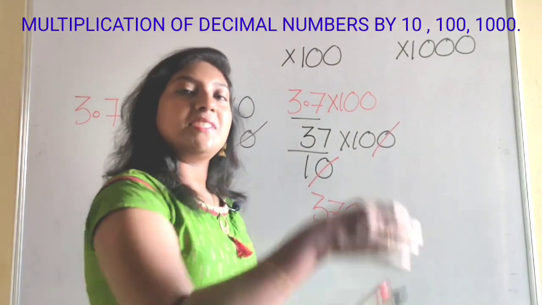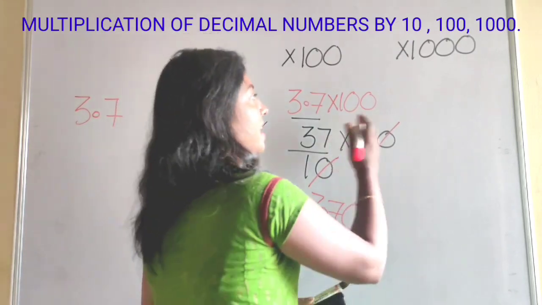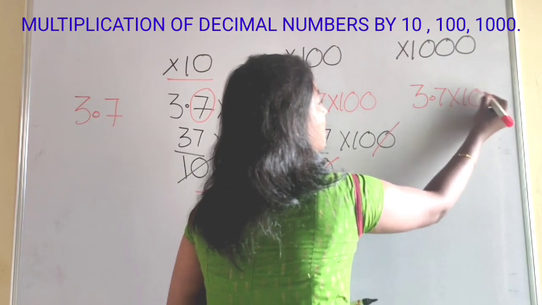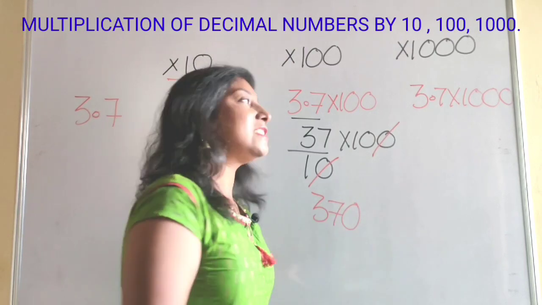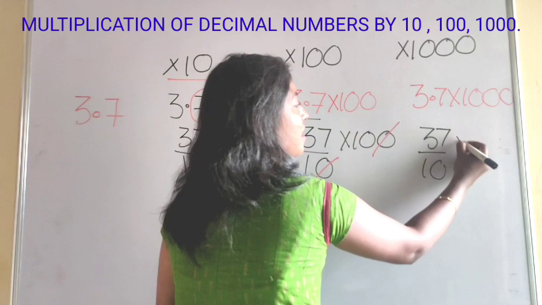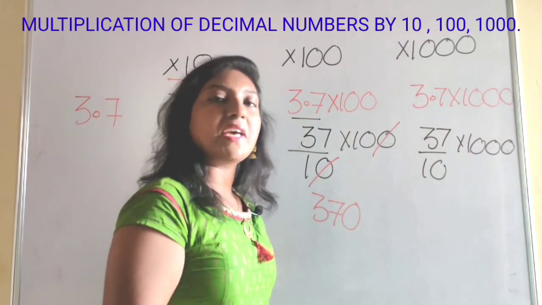Now, we are going to see the same number, how we can multiply this by 1000. So, here I am taking the decimal number 3.7 multiplied by 1000. Here also the same process. First of all, remove the decimal point, that is 37 divided by 10. And here we have 1000, write 1000. And we are going to cancel the 0.